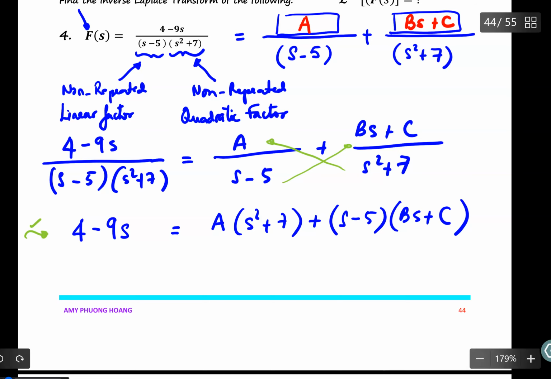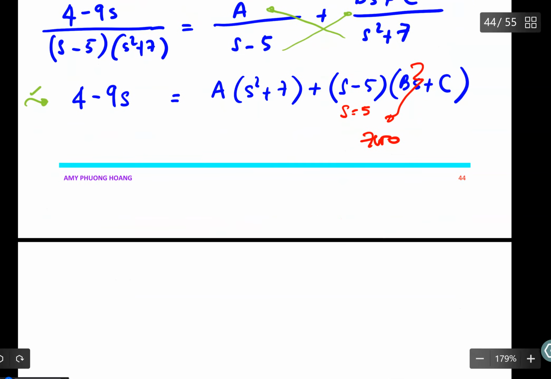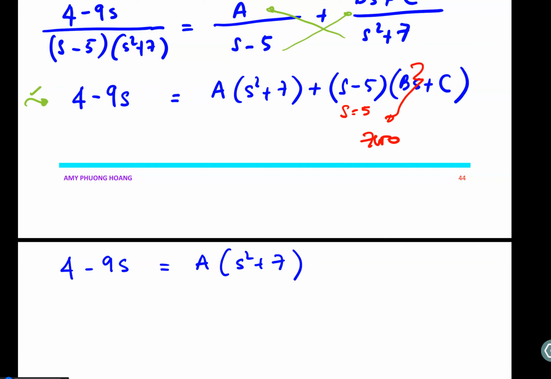At this point, I would like you to notice that if I let s equal to 5, this term will be 0. With the term equal to 0, I can easily solve for A. So I have 4 minus 9s equal to A(s squared plus 7), but I will let s equal to 5. Therefore, I can replace s by 5 here, multiplied by 5, and here is 5 squared.